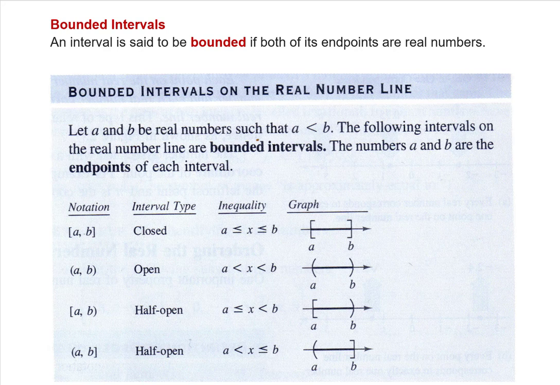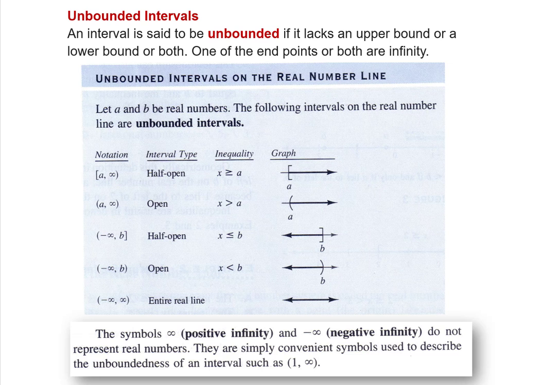A bounded interval is an interval in which both endpoints are real numbers. We have 4 examples of bounded intervals, and you can see in each one of them the endpoints are real numbers. Now, unbounded intervals are intervals which lack an upper or lower boundary.